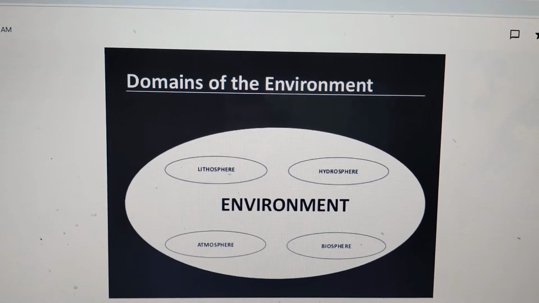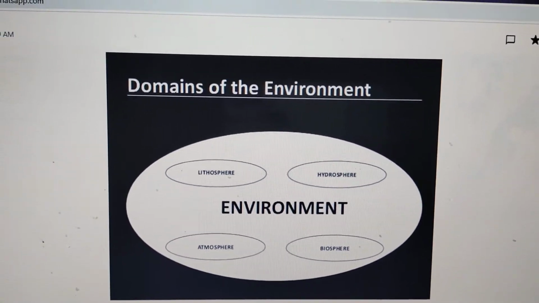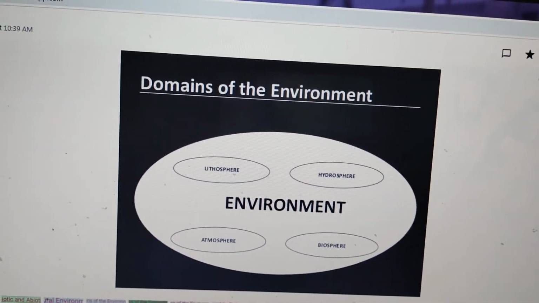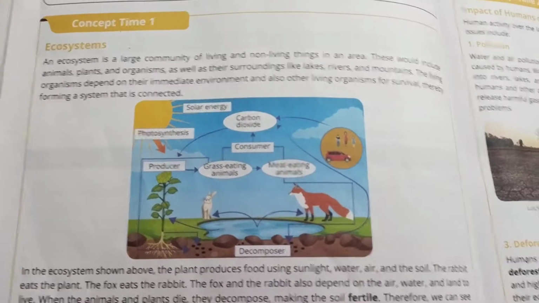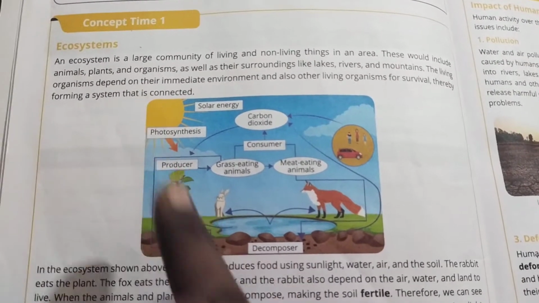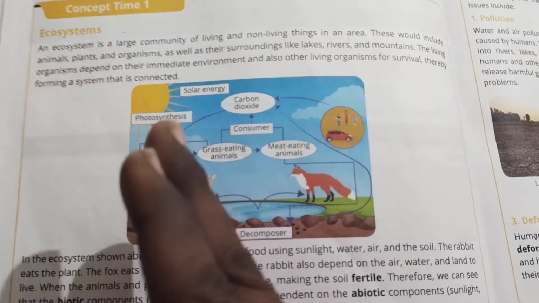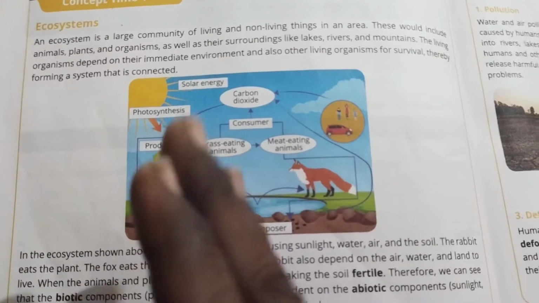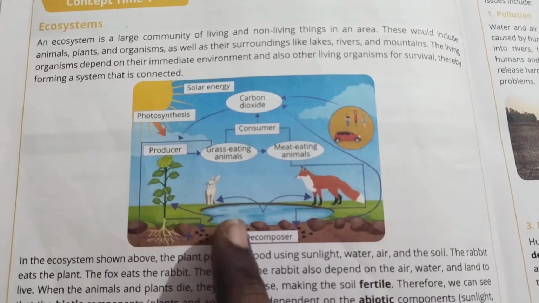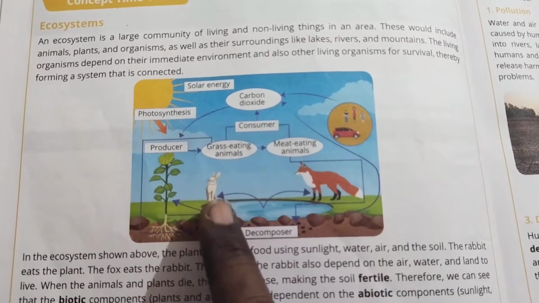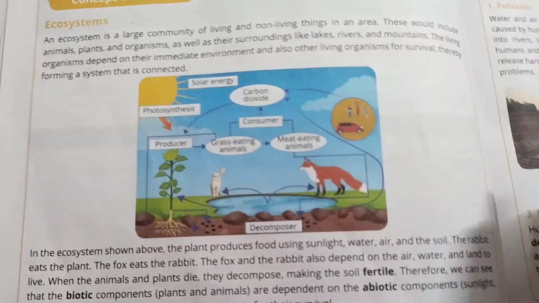As we learned, these are the domains of the environment, and we learned about ecosystem. So what do you mean by ecosystem? We all know that. Yesterday we saw that. An ecosystem is a chain system, isn't it? For example, the plant gets food from the sunlight by photosynthesis, and it is the producer for the rabbit, the grass-eating animal, which eats the plant, and the fox which eats the rabbit, and it goes on like a chain, isn't it?